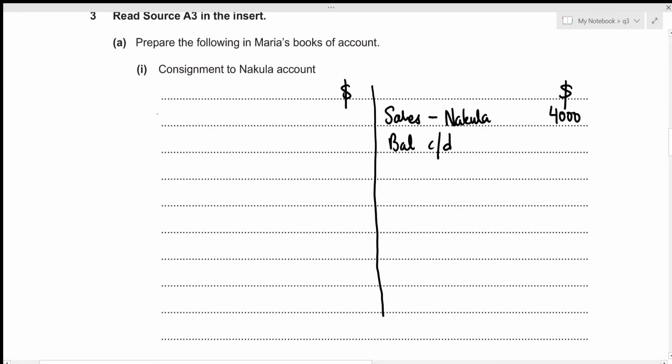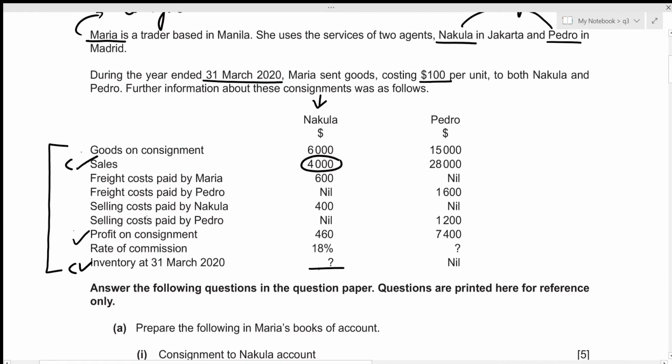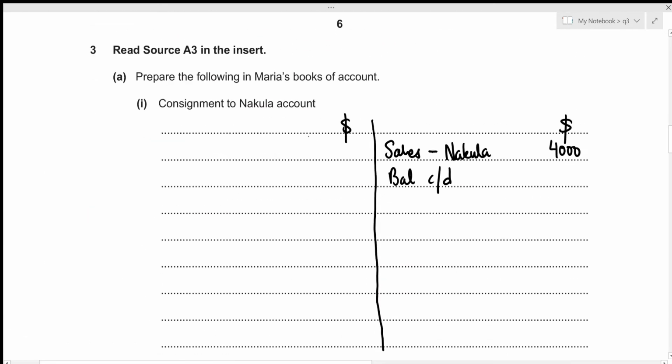So all the other items will be on our debit side. Let's have a look above. So the items we need to include is goods on consignment amounting to 6,000. Let's write it down on our debit side. So that is goods on consignment with the value of 6,000. Okay, let's have a look above.